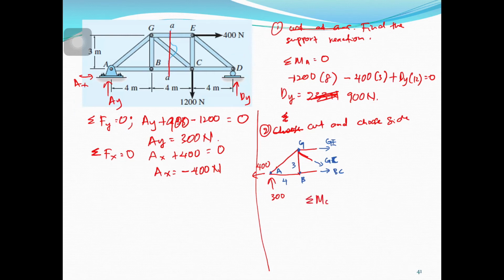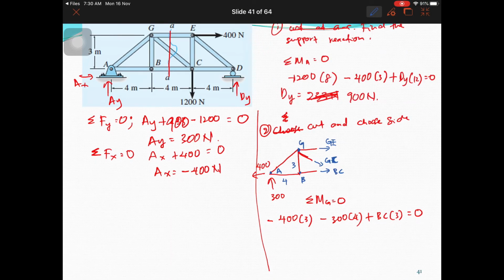So summation of moment at G is equals to 0. So 400 times 3, clockwise. Clockwise is negative, and then negative 300 times 4 also clockwise, and then plus BC times 3 counterclockwise, which is 0.